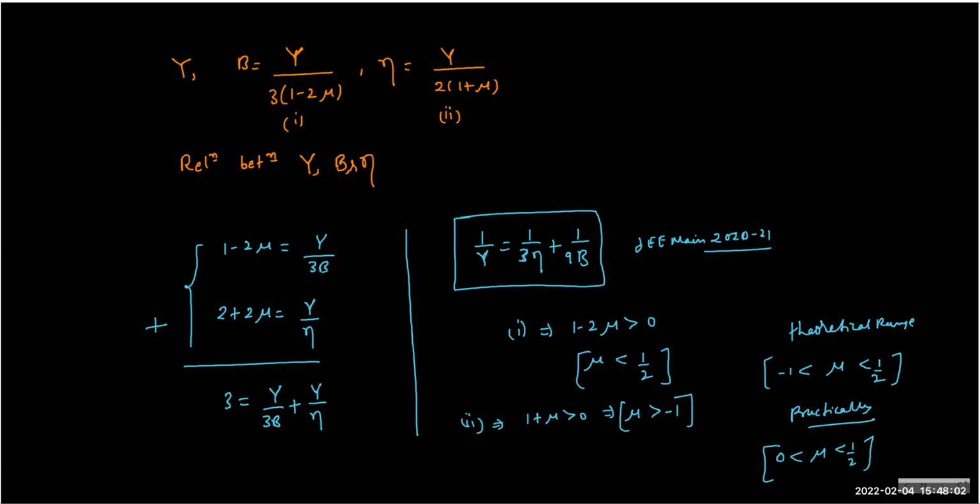Okay. So mu is not negative, but theoretically it could be negative. So these are the theoretical and practical ranges of Poisson ratio that they generally ask, and we are supposed to remember this. Okay.